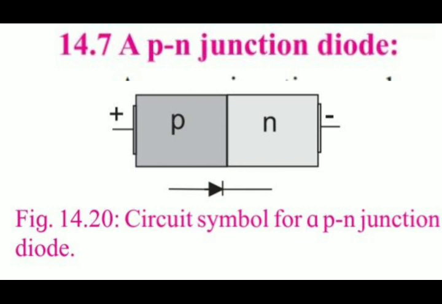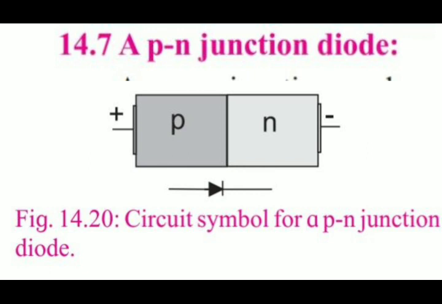As you can see, this is the circuit symbol for a p-n junction diode. A p-n junction, when provided with metallic connectors on each side, is called a junction diode or simply a diode. A diode is a device with two electrodes.